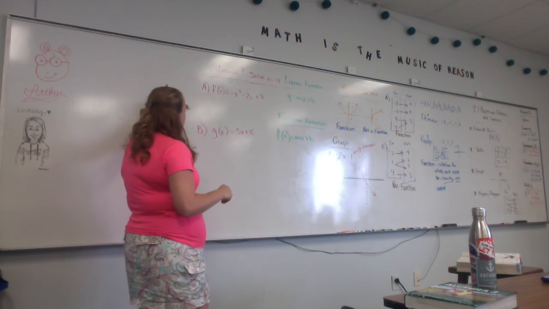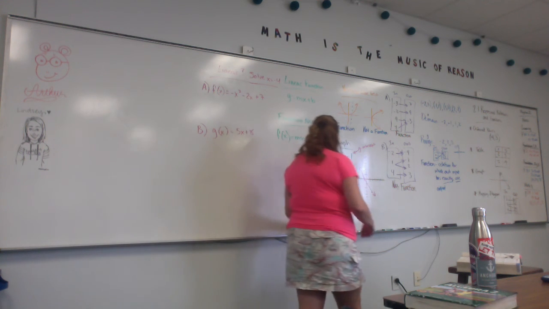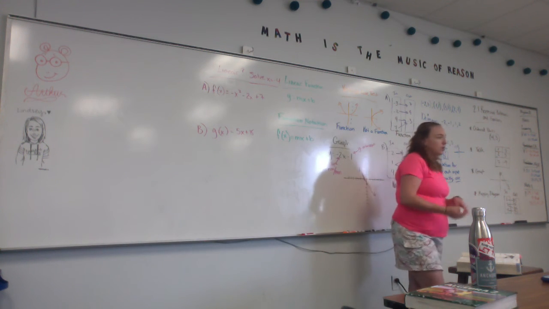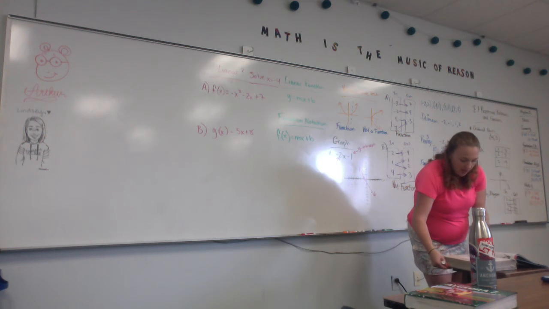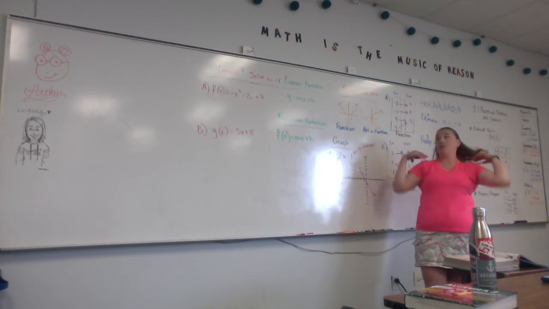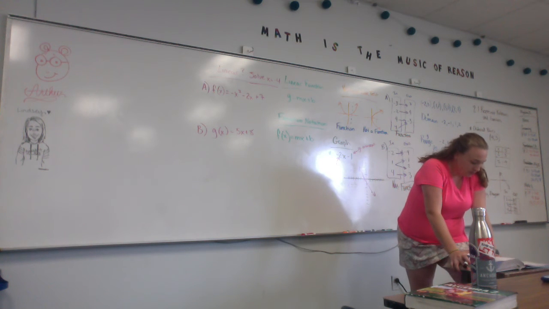On this section here, I want to know if these equations are linear, and I want you to solve when x equals -4. So, let's decide if they're linear. Who can tell me if the first one, f of x equals -x squared minus 2x plus 7, is that linear? The formula is what type of formula, Isabel?